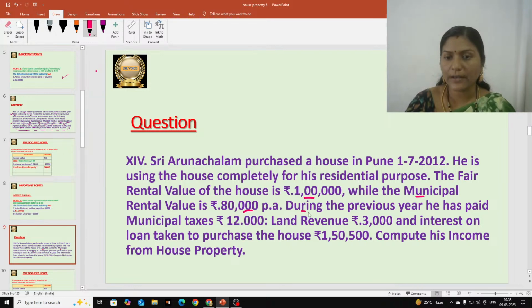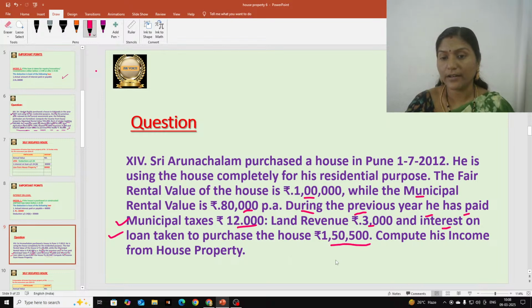Next, during the previous year, he has paid municipal taxes. Municipal taxes also we are not going to take into account. And land revenue, this also we are not going to take into account. Interest on loan taken to purchase the house, this is very very important. Why was the loan taken? To purchase the house.